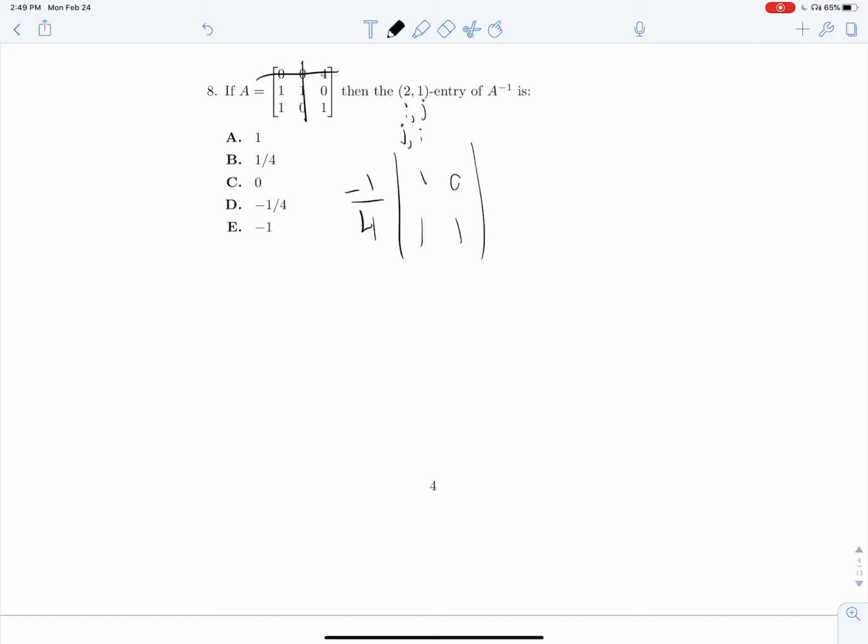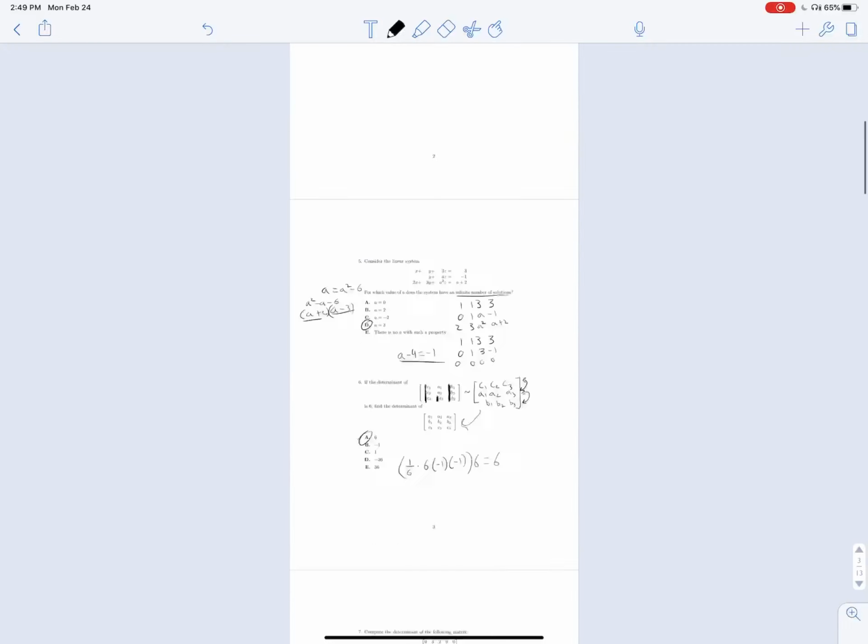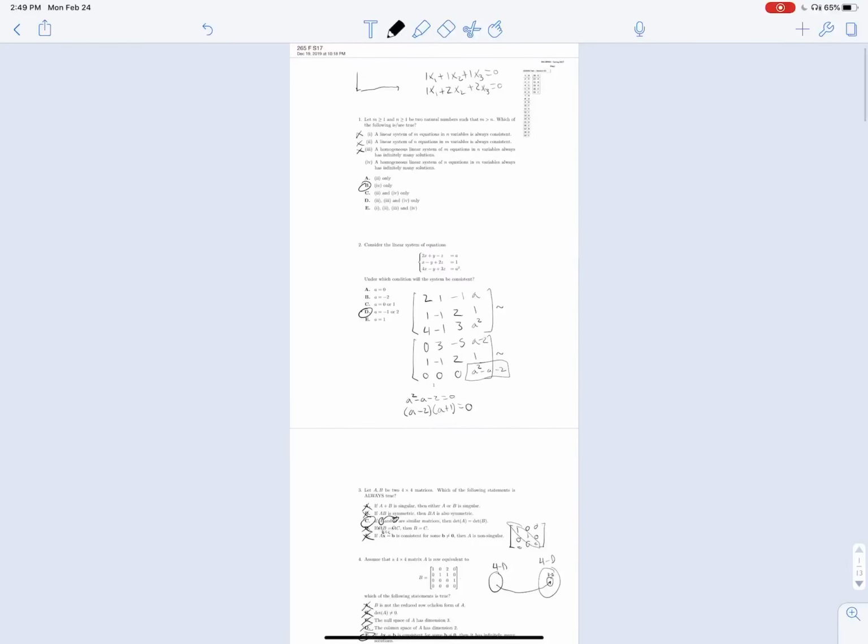Its determinant is 1, but we also have to remember that there's a scheme of signs, so plus, minus, plus, minus, plus, minus, plus, minus, plus, that goes along with this that we have to take into account, and this position here will have a negative sign, so we have to multiply everything by -1, and so that will give us 1/4, and 8 is B.